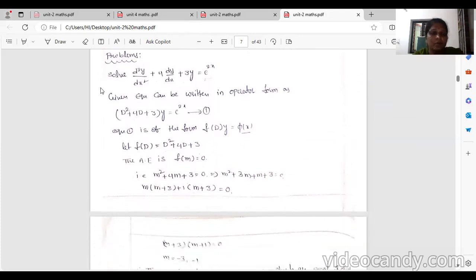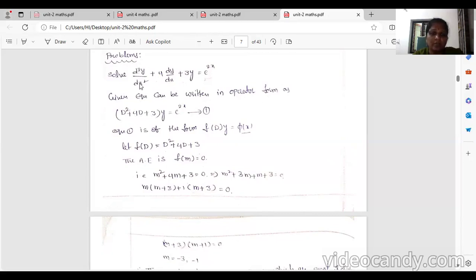Then see one problem. Solve d²y/dx² + 4 dy/dx + 3y = e^(2x). This is not in operator form. Operator form means in terms of capital D. So the given equation can be written in operator form as (D² + 4D + 3) y = e^(2x), taking y common.